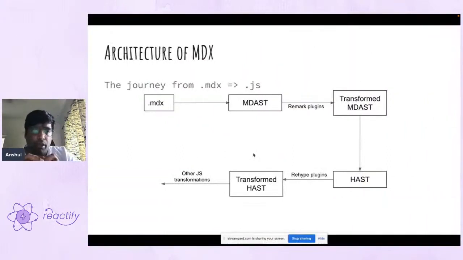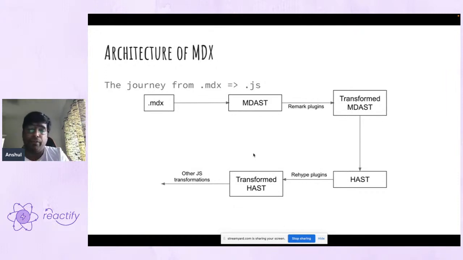So what happens? The .mdx files. What MDX does is basically convert them into an AST tree called MDAST, the Markdown abstract syntax tree. From MDAST, the next step is to pass it through Remark.